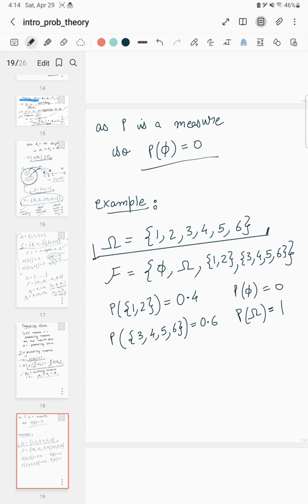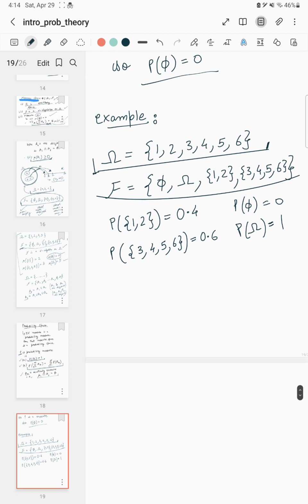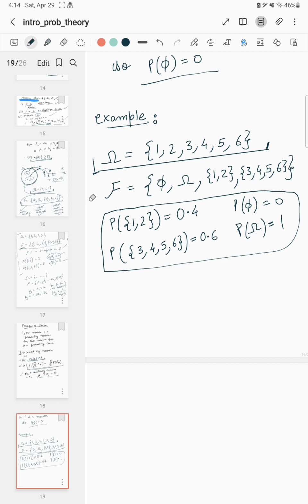Now let's define a sigma algebra F such that it contains these subsets of the sample set omega, and let's also define the probability measure as this. First let's verify whether F is a sigma algebra or not. The properties of a sigma algebra are that it should be non-empty. We can see F is not empty because it has 4 sets as elements.